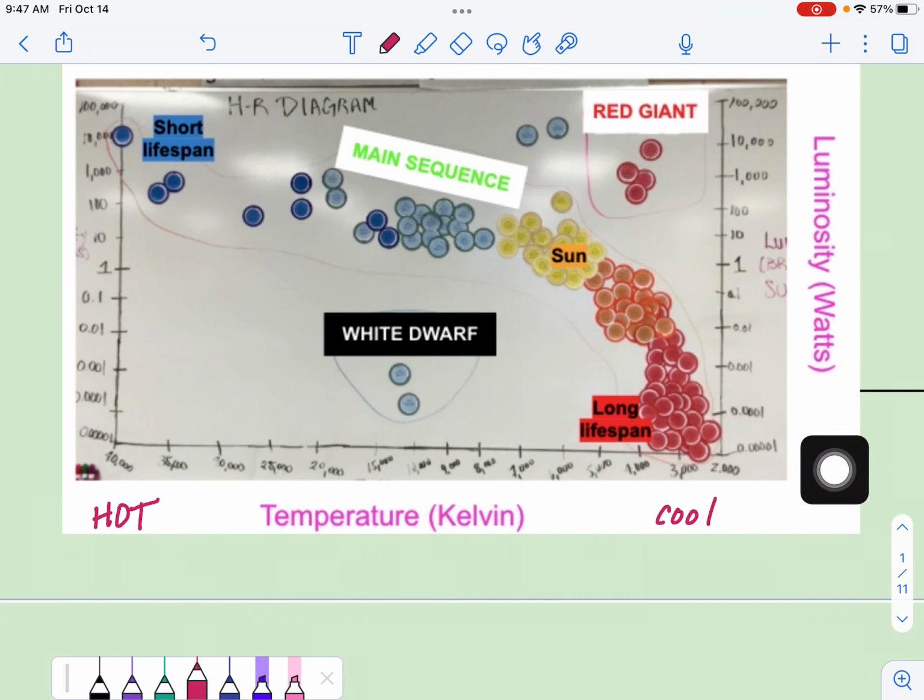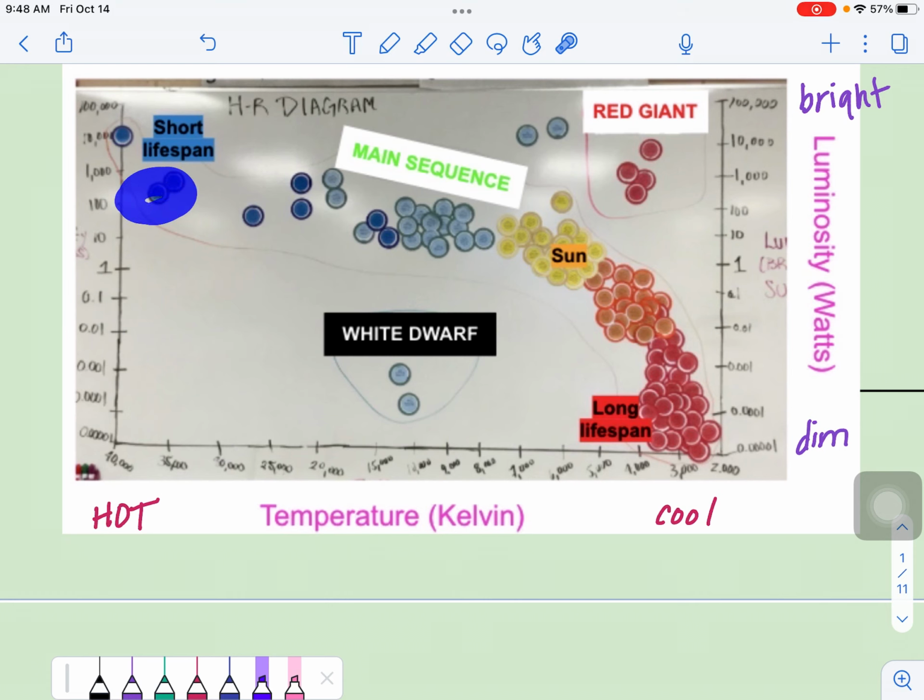As far as luminosity or brightness goes, these are our brightest stars up here and our dimmest stars down here. So for example, let's just say this star right here, if I'm looking at its characteristics, would be very bright and very hot. Okay, so I'm reading the graph depending on my star location.